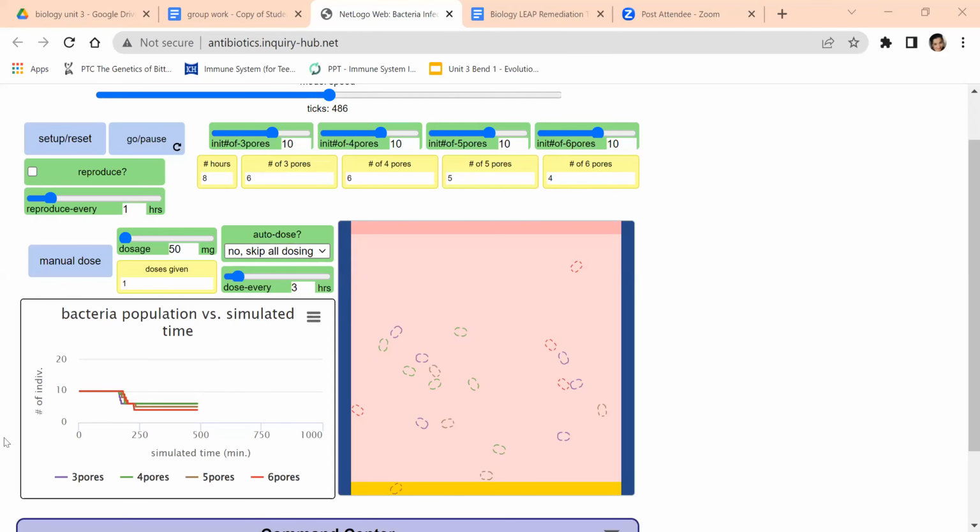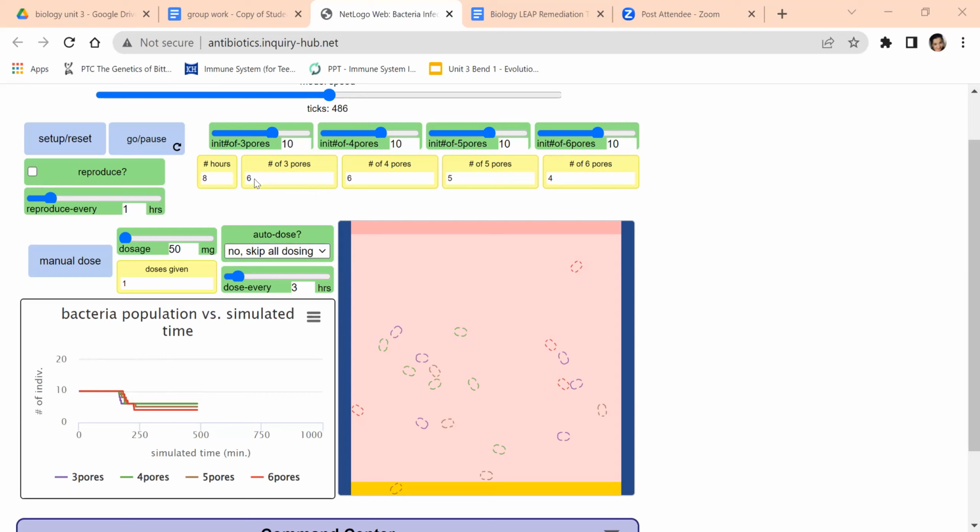So let's think about why that is so. If you look here, you can see how many of each kind of bacteria were left at the end of the simulation or after the antibiotics were introduced.